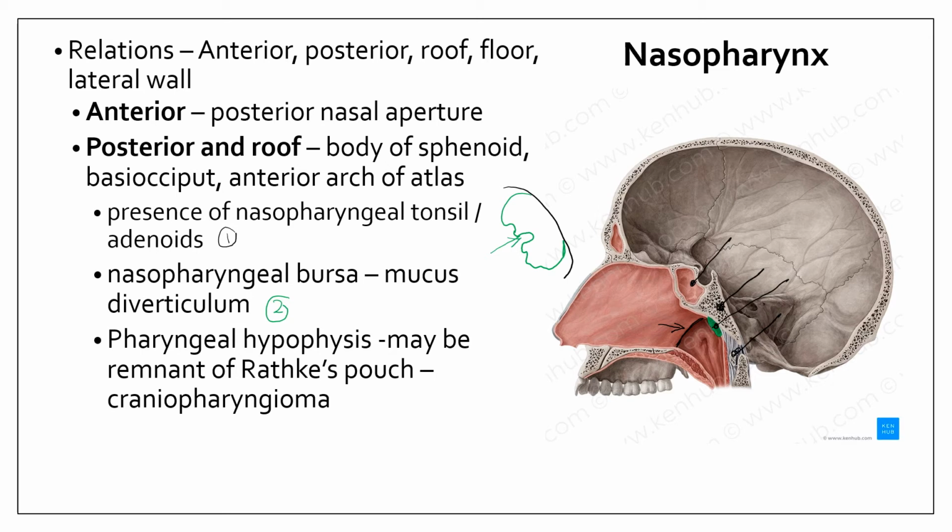This is called the pharyngeal bursa, which is a mucous diverticulum, and there is a small remnant of Rathke's pouch. Sometimes it may develop, as we know that this is the pituitary over here, and the pituitary develops from the Rathke's pouch, which is extended from the ectoderm of the roof of the nasopharynx. So sometimes the pituitary may be seen there, and that is called the pharyngeal hypophysis. So these are the three things that are present in the roof of the nasopharynx.